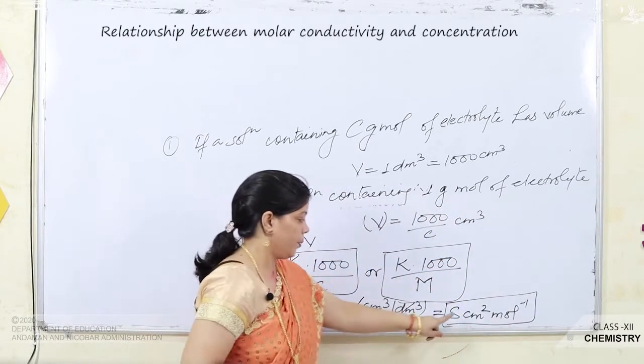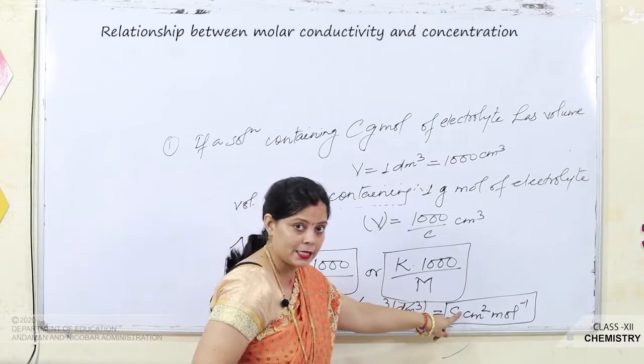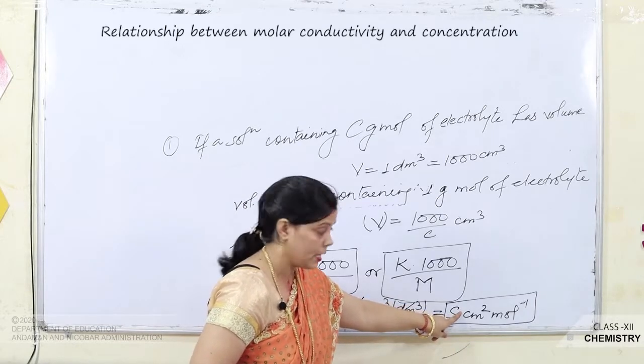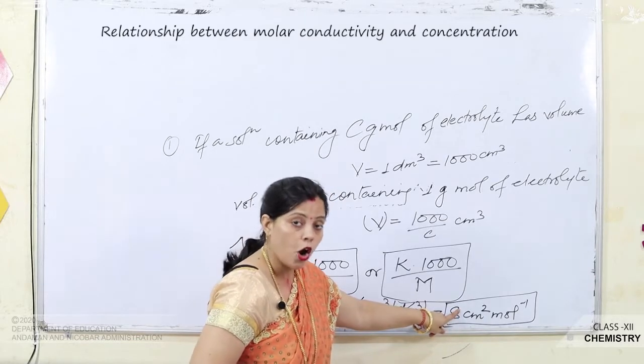This Siemens represents the unit of conductance, that is, the inverse of resistance, or we can write it in the ohm form, that is, ohm inverse or mho.